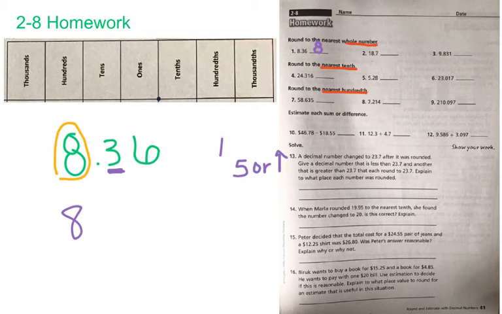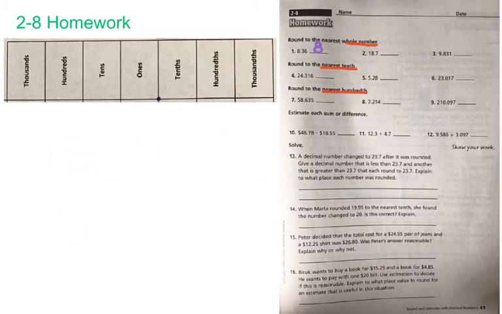We're going to look at rounding to the nearest tenth, and we need to make sure we know where the tenths place is. We'll take the first one, 24 and 316 thousandths, and you can see I lined it up with our chart. The number we're rounding is the tenths, so that's our 3.